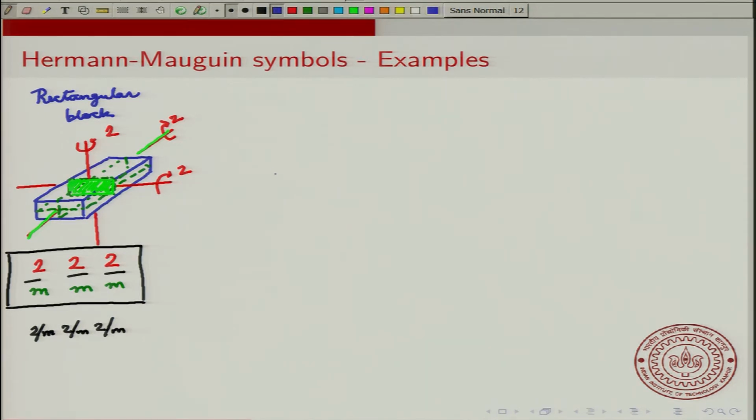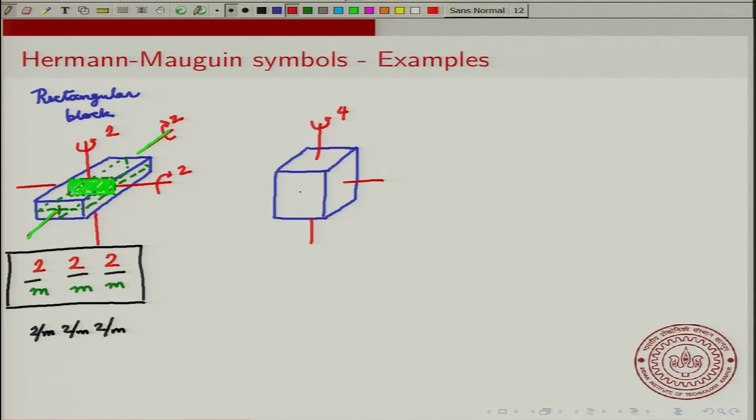So if you have something like this, and this side is a square, now this axis of rotation becomes a four-fold axis, and the other two-fold axes remain as they are.